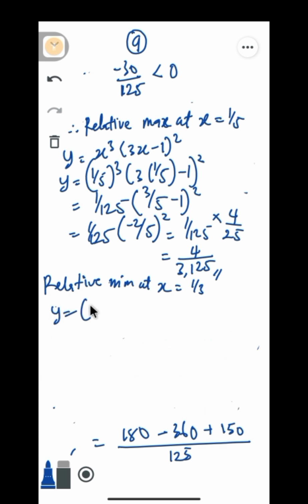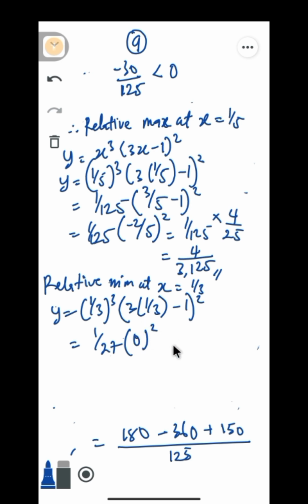So y is equal to 1 over 3 cubed into 3 into 1 over 3 minus 1, squared. 1 over 3 cubed is 1 over 27, into 3 into 1 over 3, which is 1. 1 minus 1 is 0. This is 0 squared, so 1 over 27 times 0 squared is equal to 0. All right, so this becomes our relative minimum. So that is the answer.